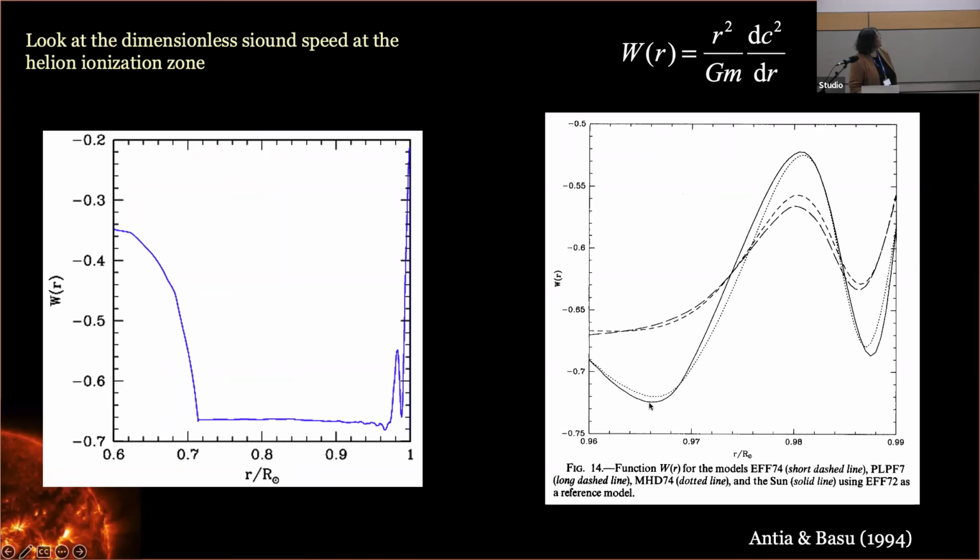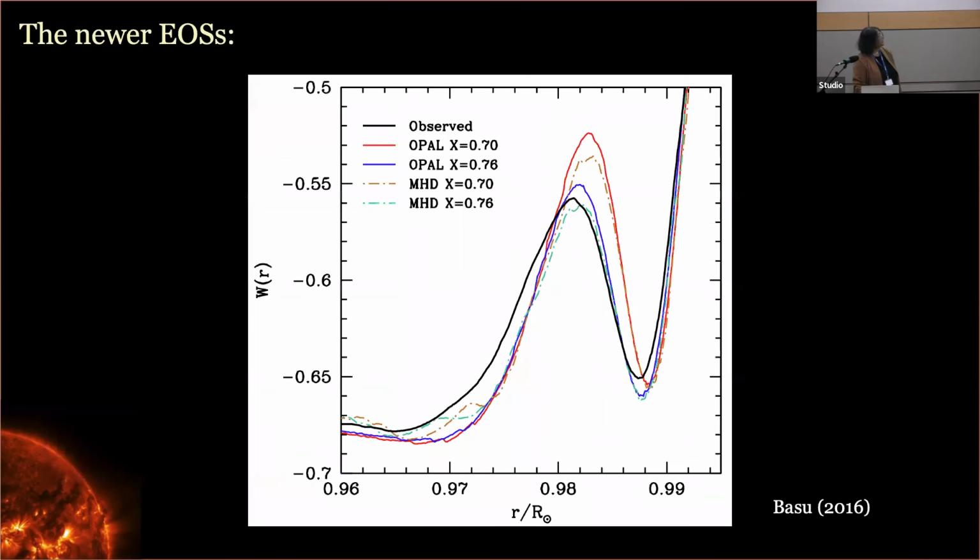On the other hand, the dimensionless sound speed of a model with the MHD equation of state matches it quite well. It's not perfect, because MHD is not perfect. OPAL also works to a reasonable amount.